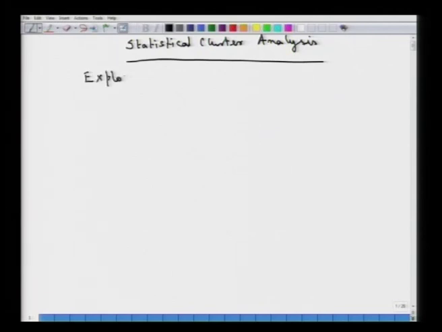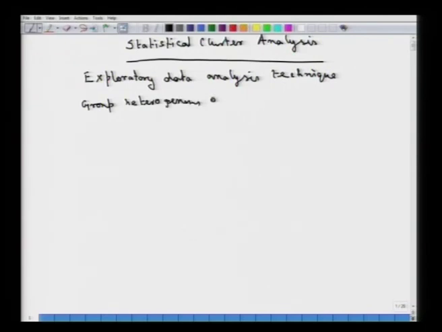So, it is basically an exploratory data analysis technique, wherein we try to group heterogeneous objects or cases.